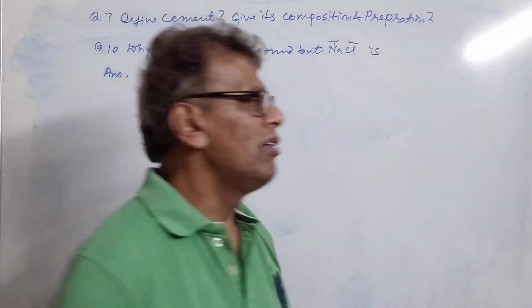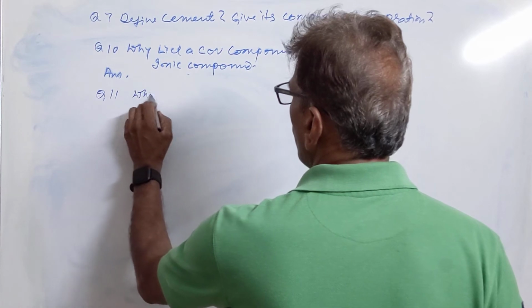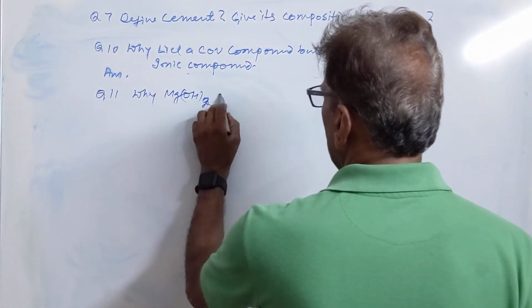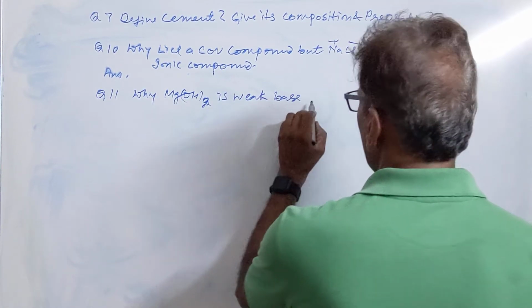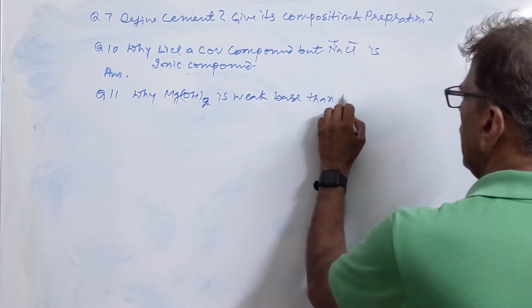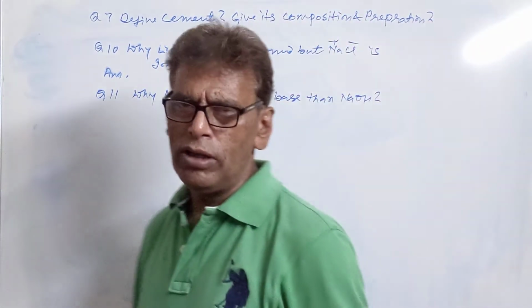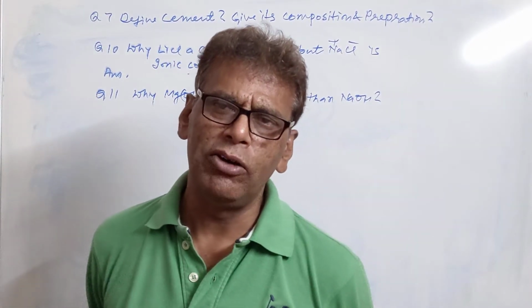Then we have the question, why is Mg(OH)2 a weak base, but NaOH is a strong base? Answer: it is due to the small size of magnesium. It is capable of forming a stronger bond with oxygen.